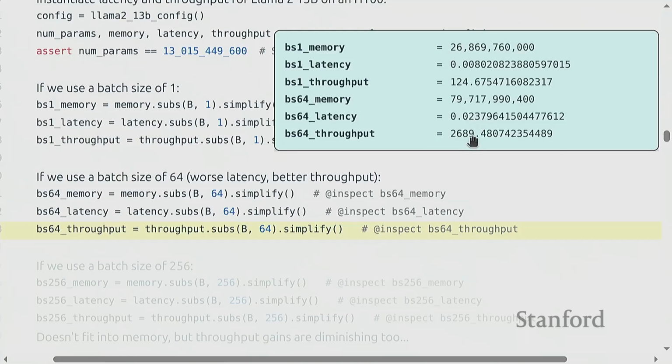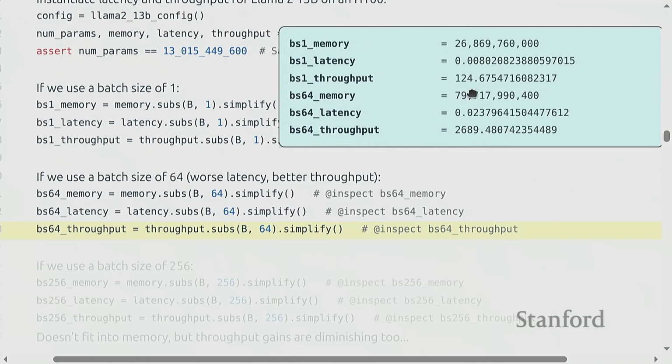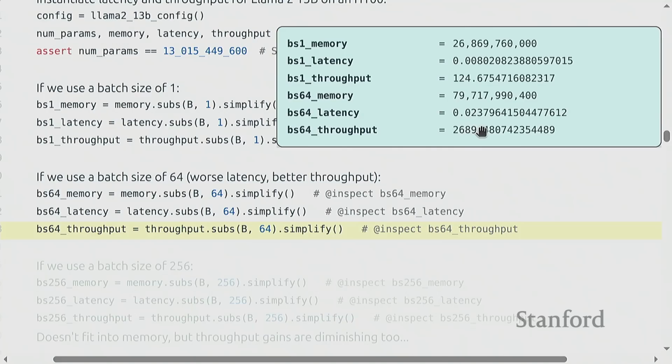But the throughput also goes up actually quite a lot. Okay, so you're seeing this immediate trade-off between latency and throughput. If you want low latency, you just use B equals 1. But if you want high throughput, you want larger B in general.